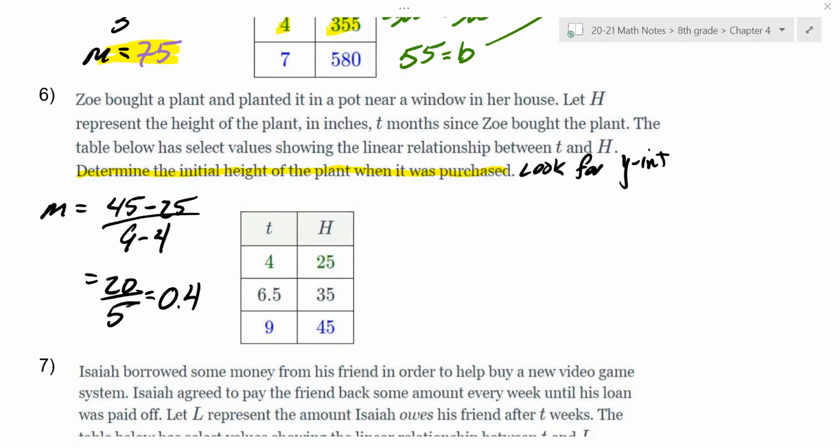Did I copy something down wrong? Oh, I'm doing a different one. Okay, here's another example of how you can choose any of those points. I used a different one last period.